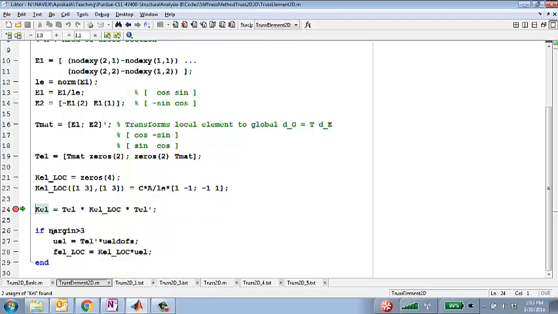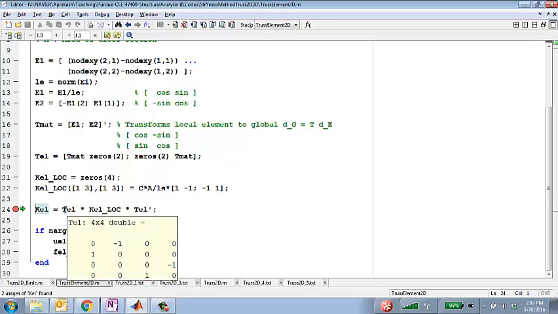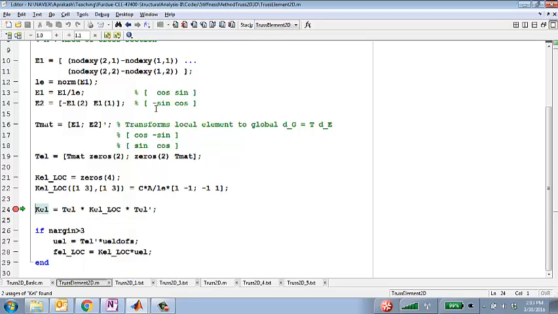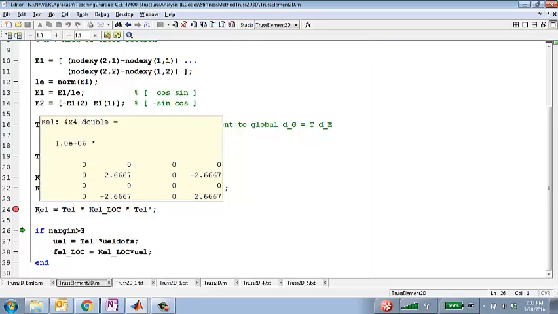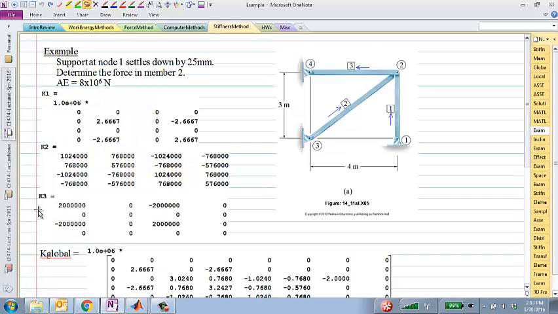And as soon as I do the transformation from this vertical local coordinate system to the global coordinate system, we get exactly the same non-zero entries in columns 2 and 4, because columns 2 and 4 really correspond to the global y direction. So we can check that easily.